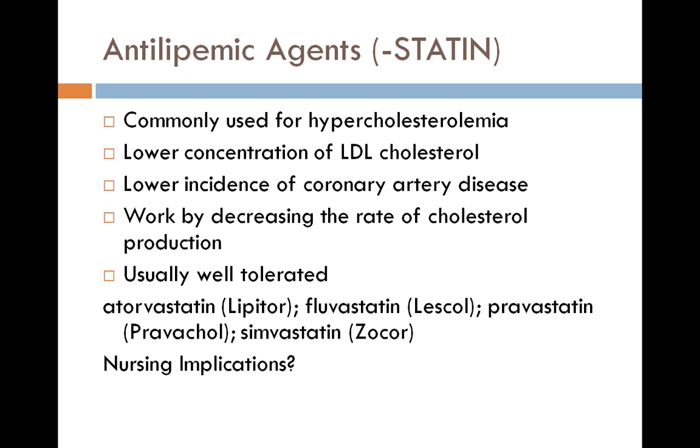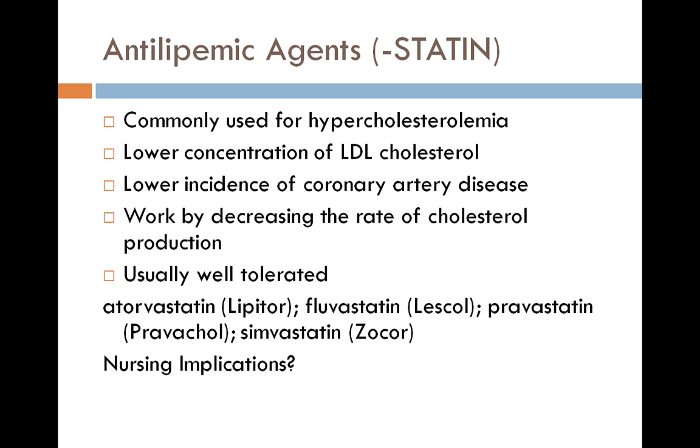So that makes us know that when we have a person taking statins, we want to make sure that we're monitoring, of course, blood pressure. We also want to monitor urine output, and monitor for any changes in the urine output. The patient may also have to have liver enzymes checked on a regular basis, and the person is going to need to be assessed for excessive elevations in their liver enzymes.